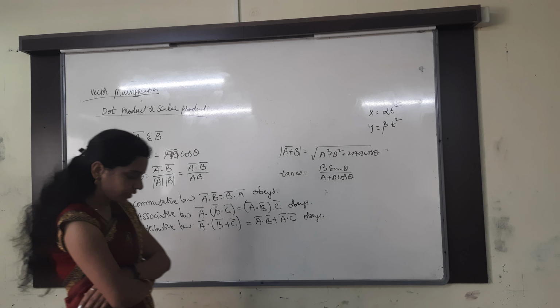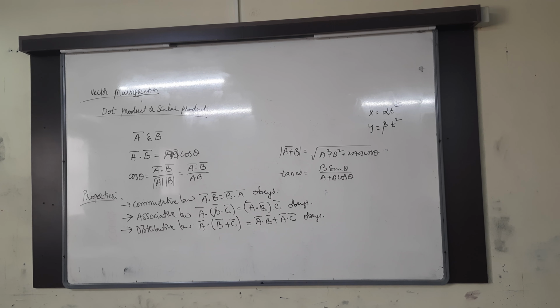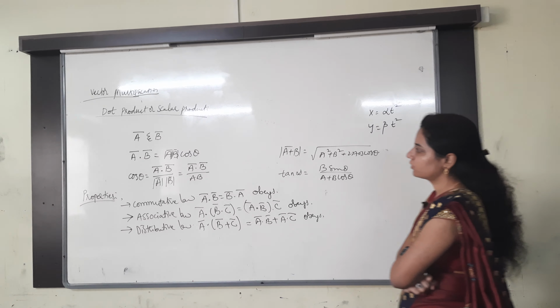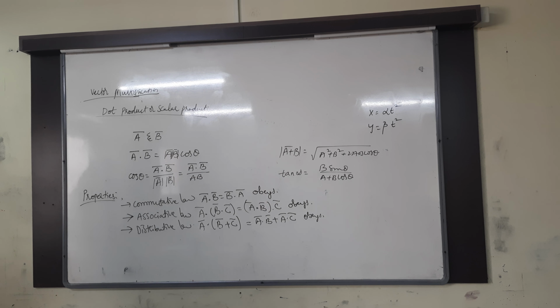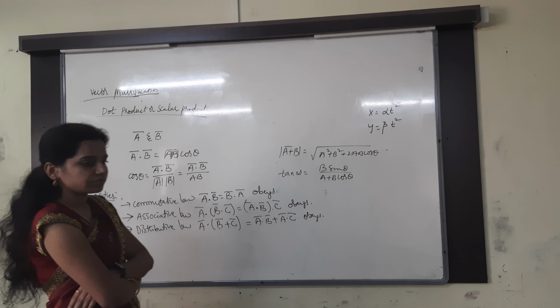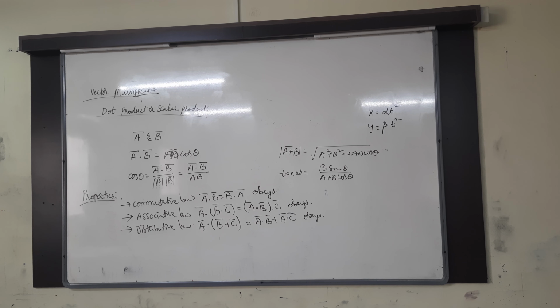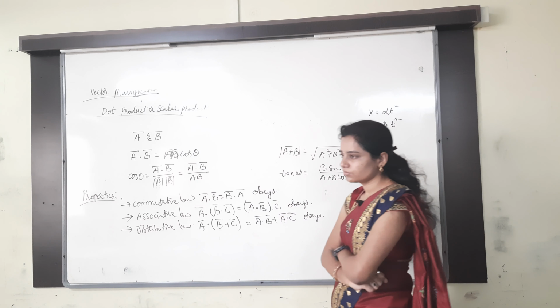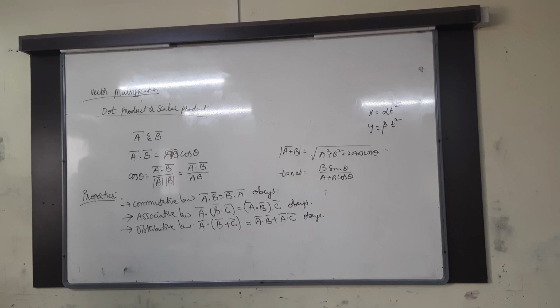The dot product of two vectors is defined as the product between the magnitudes of the vectors and cos of the angle between them. Write that. Everything you copy.